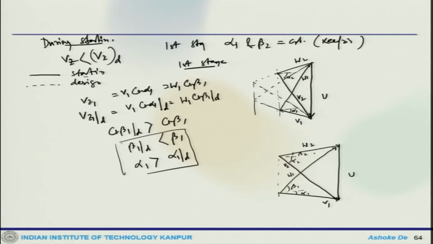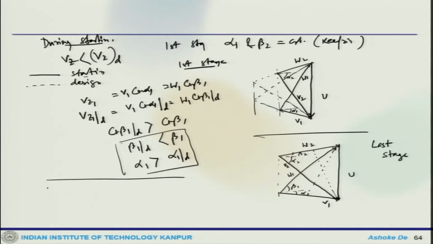The design condition may be like this, and the other case would be like this. So, this is the last stage velocity triangle.